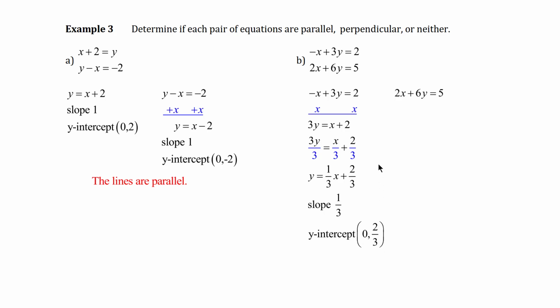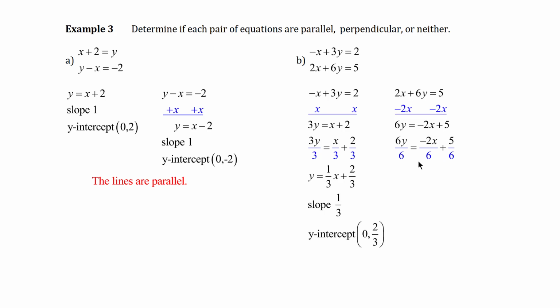Next, we need to put the second equation in slope-intercept form. We get rid of the 2x by subtracting 2x from both sides of the equation. Simplifying this equation, we get 6y equals negative 2x plus 5. Next, we get rid of the 6 in front of the y. We just need to divide both sides of the equation by 6. We get 6y divided by 6 equals negative 2x divided by 6 plus 5 divided by 6.